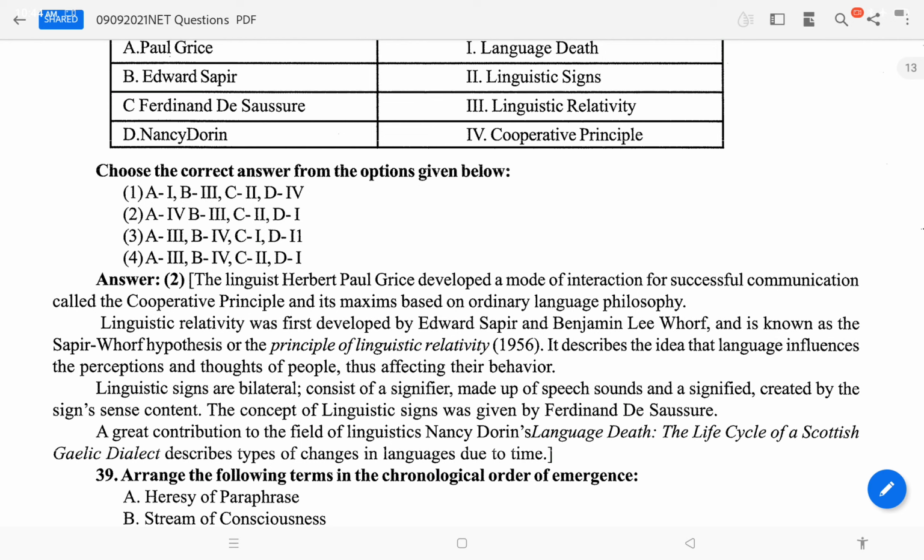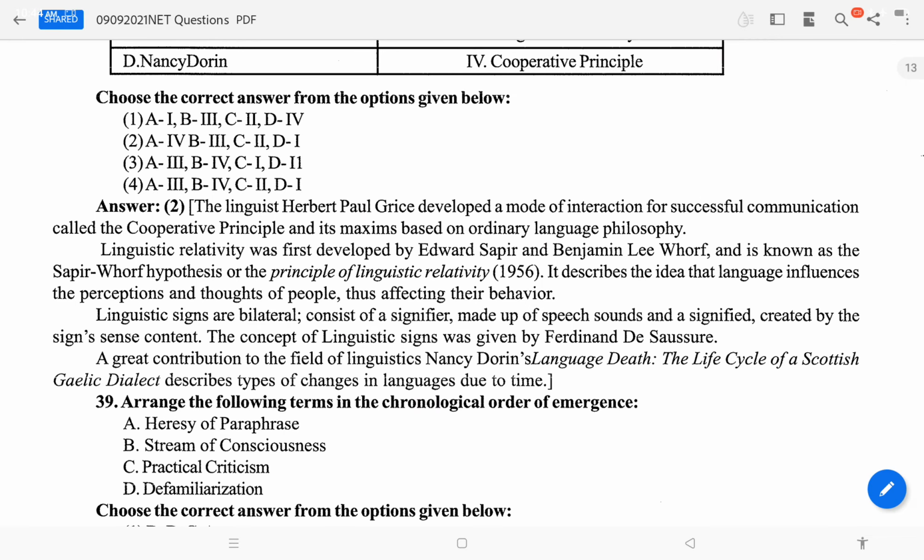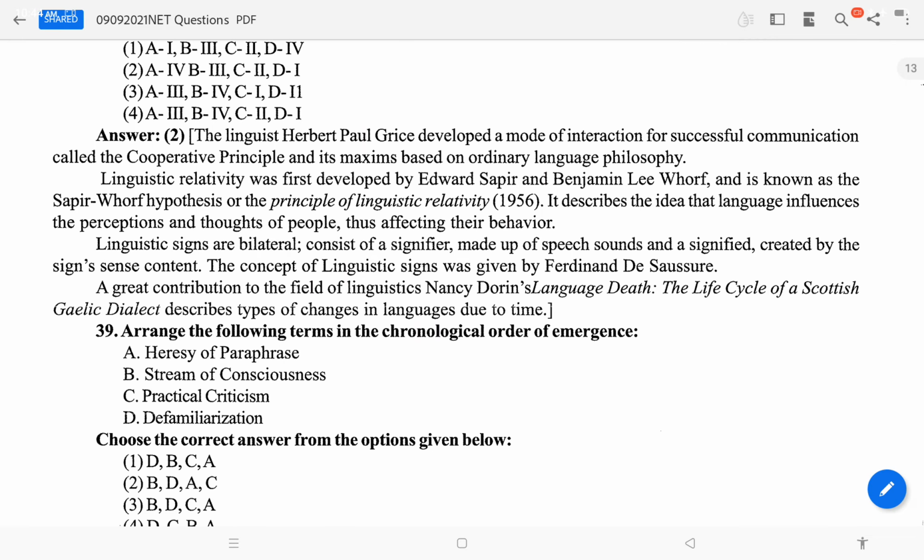Nancy Dorian's Language Death: The Life Cycle of a Scottish Gaelic Dialect describes types of changes in languages over time. It is by Nancy Dorian.